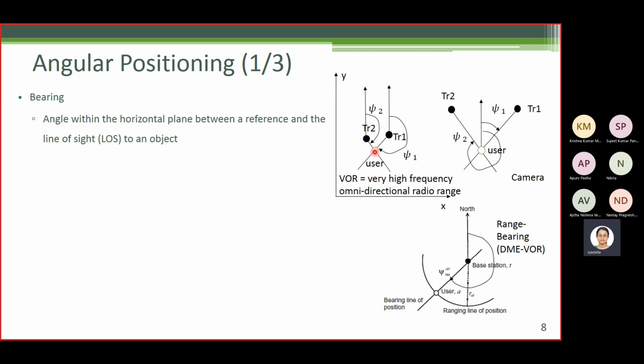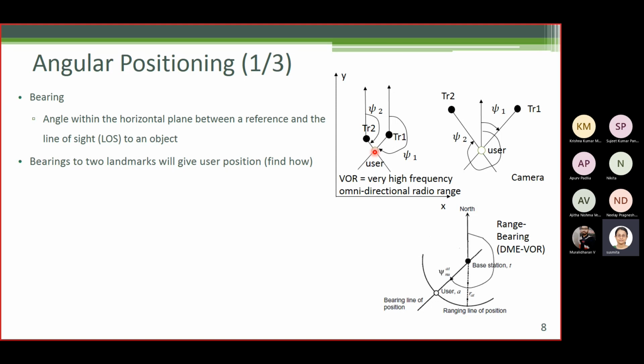Whereas in case of ranging, if we do not have any prior information, we need a minimum of 3 transmitters in 2 dimensions, assuming there is no clock error. So bearings to 2 transmitters will give the user position. Now I need you to write the equations and see how.